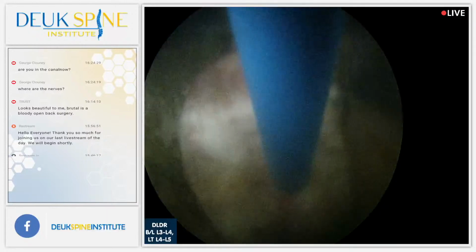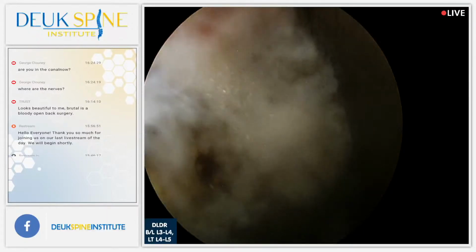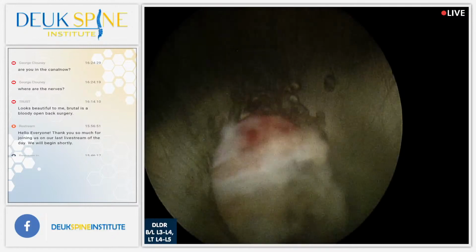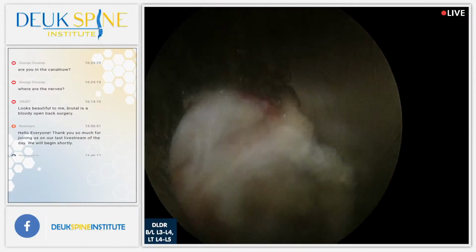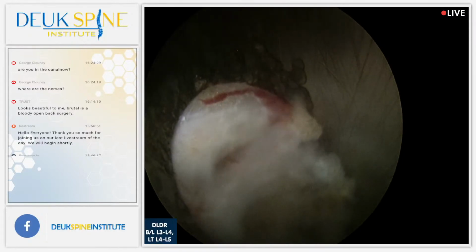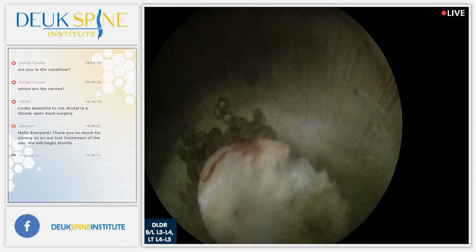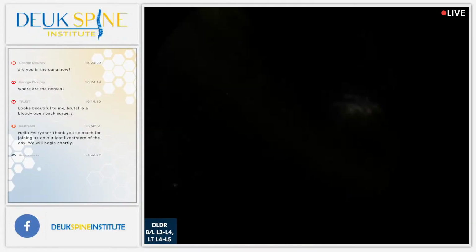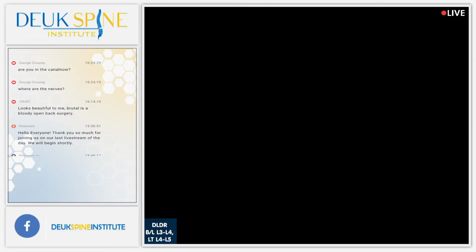Yeah, the nerve root is going to be right up in that fat up there. There it is. You see it? You guys see the white thing right there at like 10 o'clock? That's the nerve root. We're just below it, okay? So it's protected by the tube in this type of surgery.